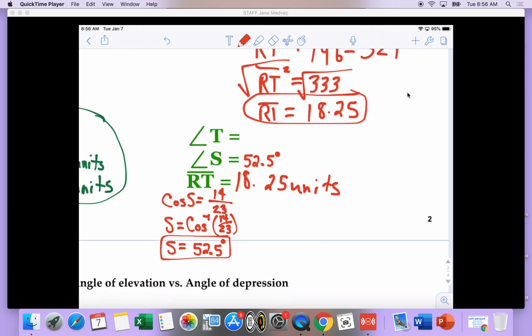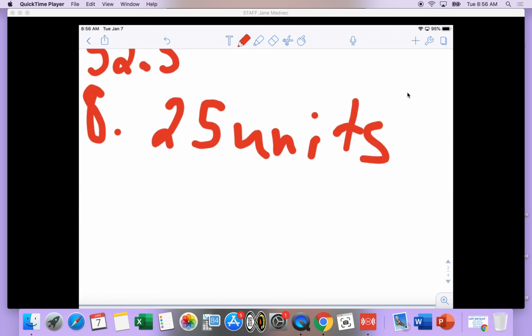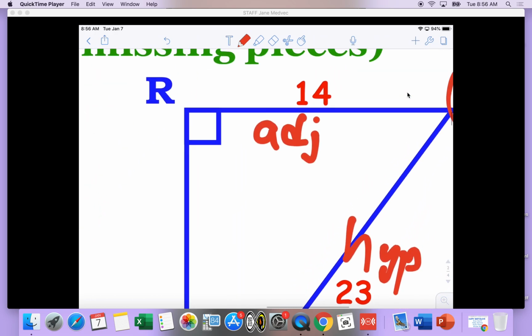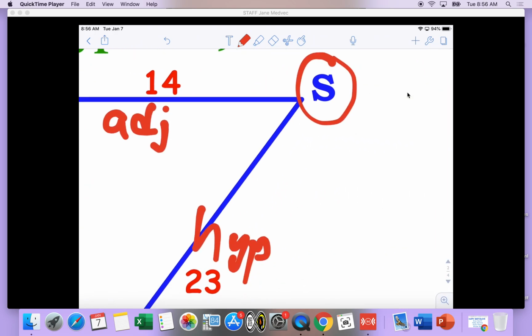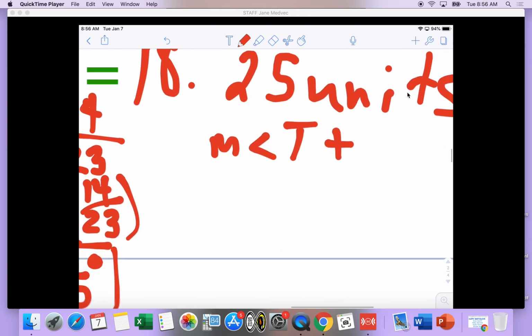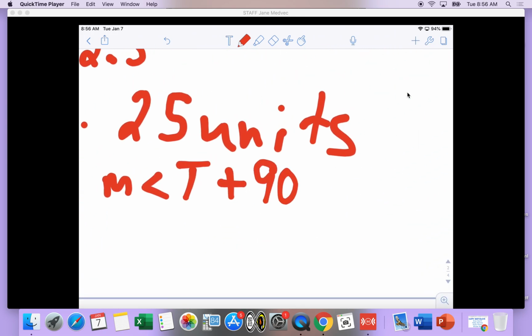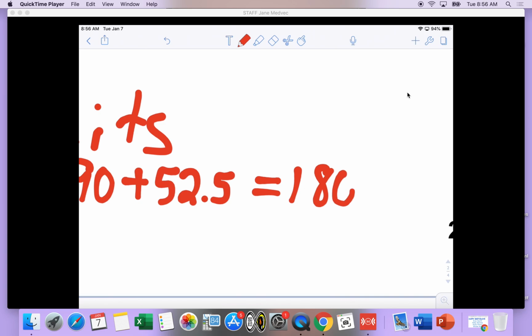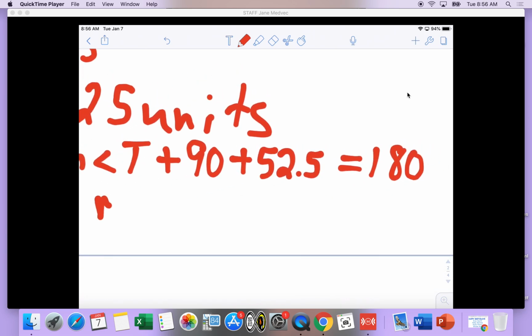Okay. So I'm finding angle T, the measure of angle T, plus, come back up here, I've got 90 degrees, and I've got S that I just found out. So I'm going to go 90 plus 52.5, and that equals 180. So the measure of angle T plus, I got 142.5.